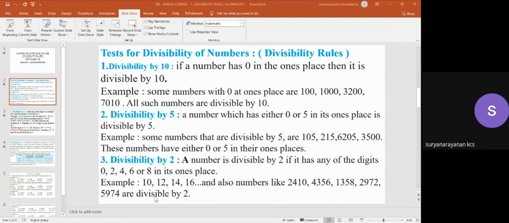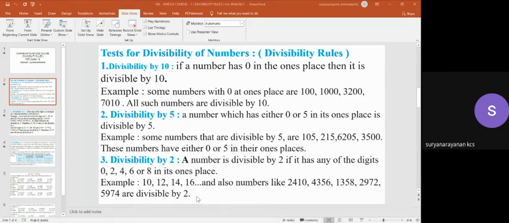Very good. If you observe all these numbers, in ones place either 0, 2, 4, 6 or 8 are there. So all these numbers are said to be divisible by 2. Okay, my children.